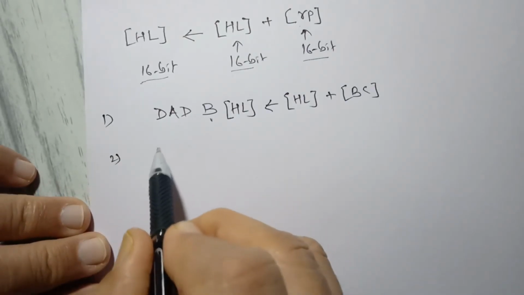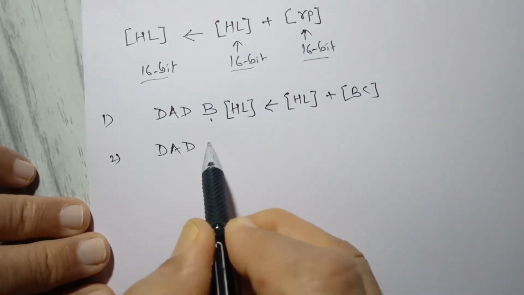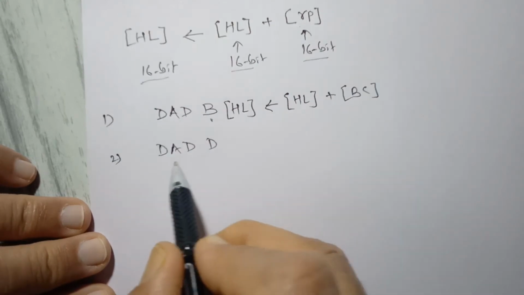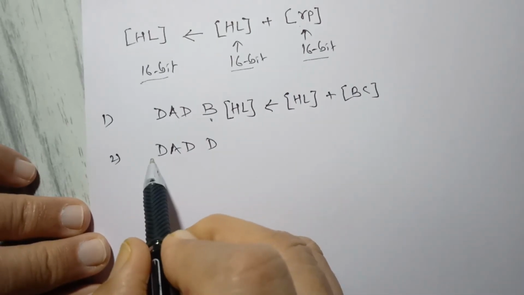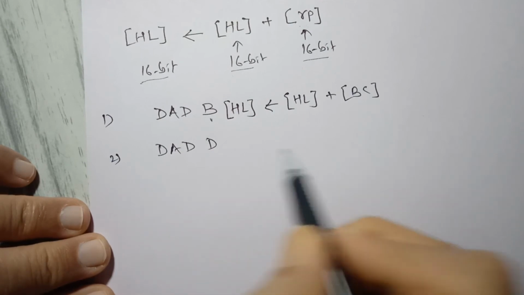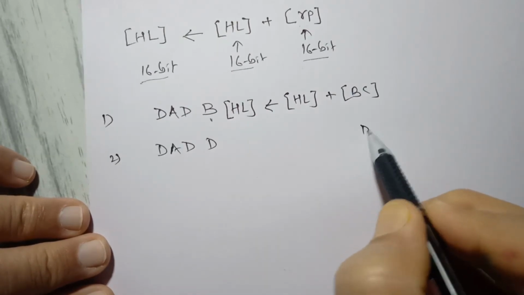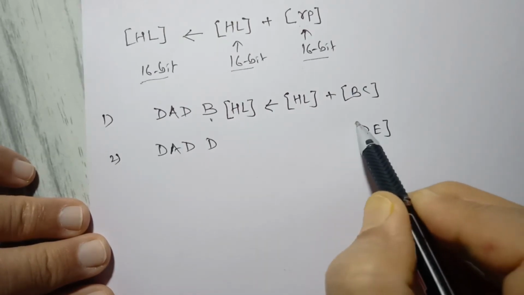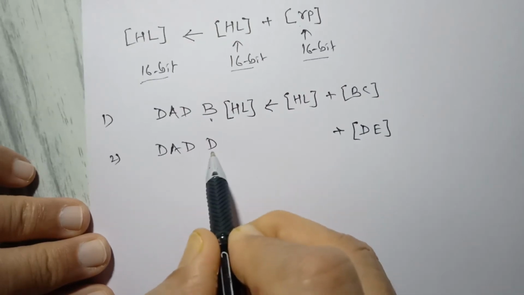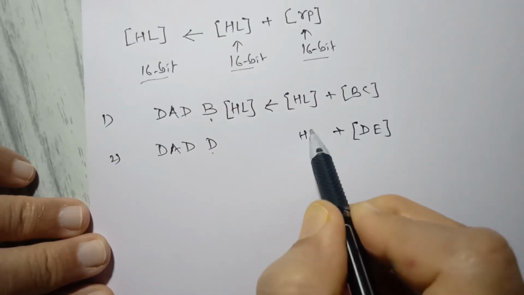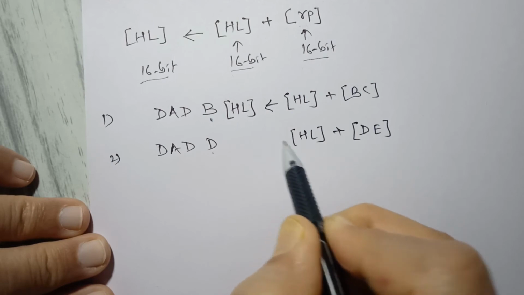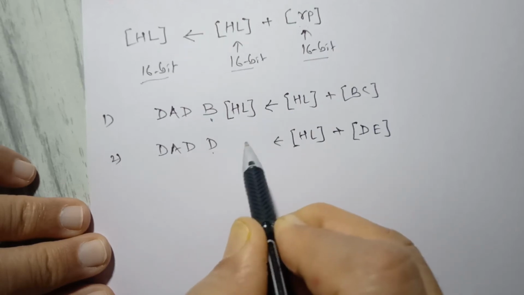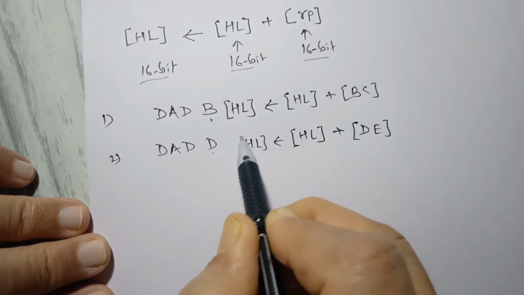Or you can use DAD D. Most students do not like this word, daddy. So here the contents of the specified register pair, in this case D, will be added to the HL pair, and the result is placed into the HL pair.